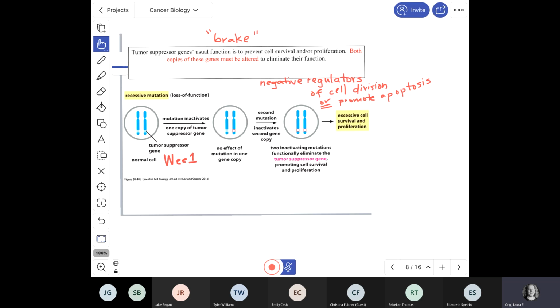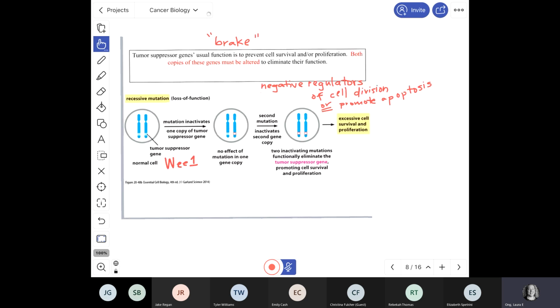It's supposed to put an inactivating phosphate on a CDK, and normally there are 2 copies of We1, and if a mutation messes up one copy, the other copy that's still normal can still do the job of negative regulation.